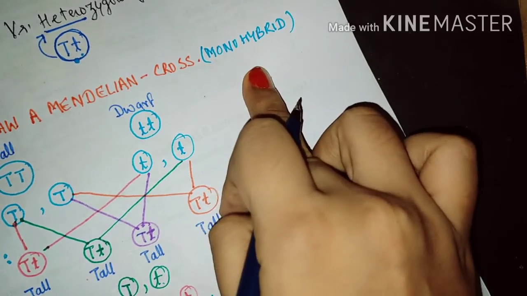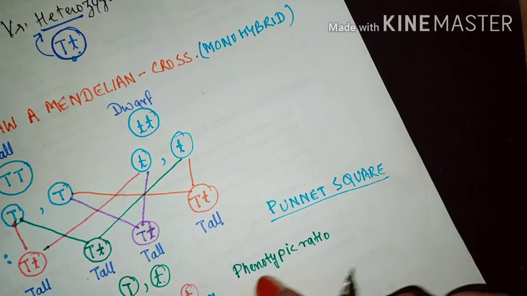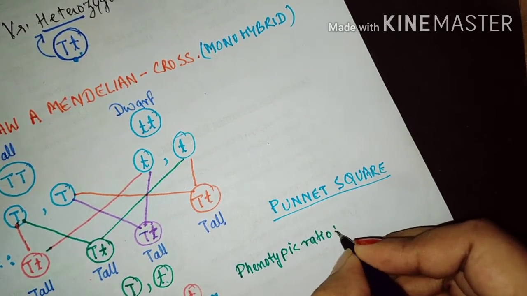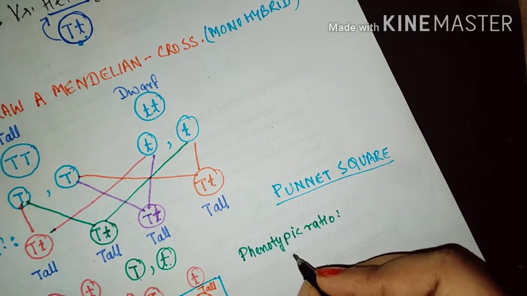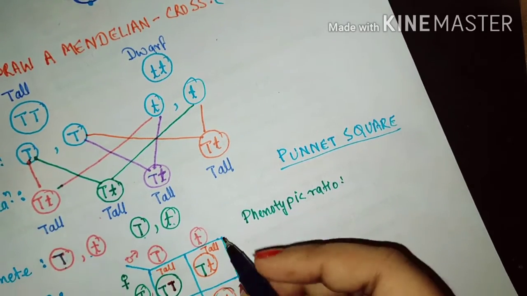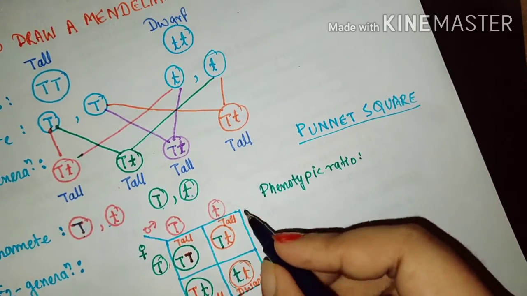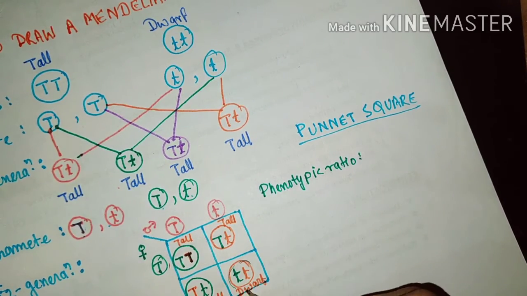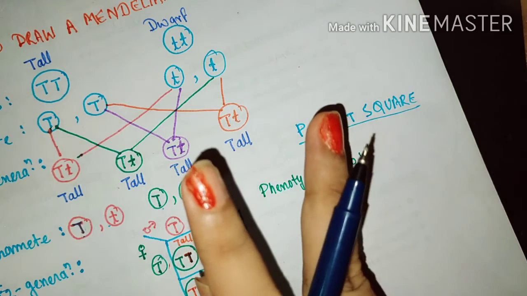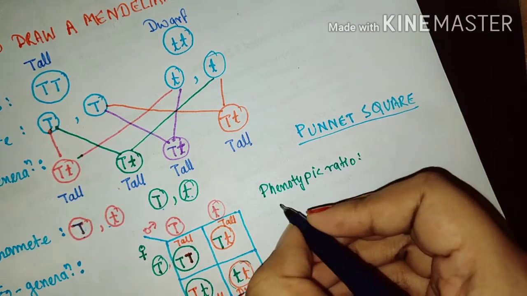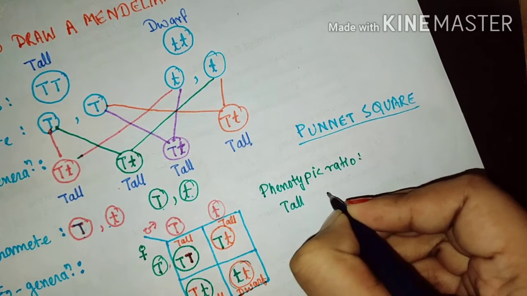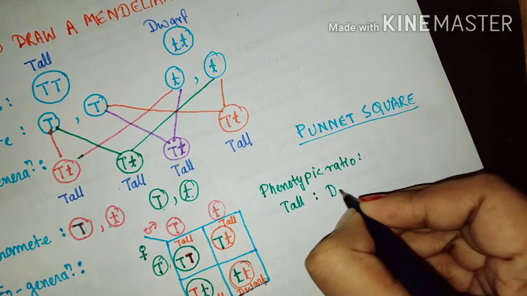You have to remember what the phenotypic ratio will be. Phenotypic ratio means what type of characters you are seeing in all the progeny which are formed. So what characters are you seeing? Either tallness is there or dwarfness is there. Just two characteristics. Either it can be tall or it can be dwarf.